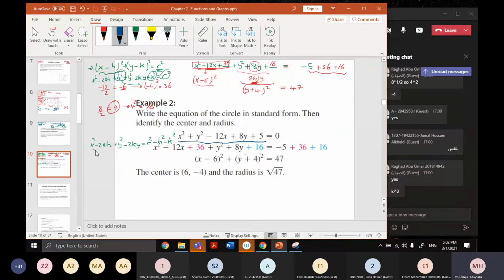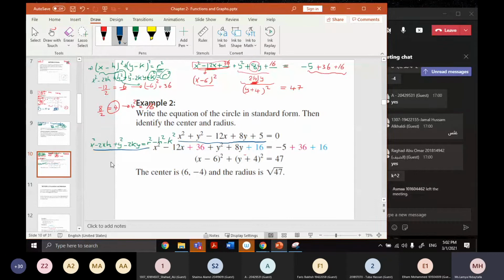With this one after I expand. Okay, x square or y square, I don't need them, correct? So the comparison, an additional minus 2xh is equal to minus 12x. The coefficient of x is minus 12.